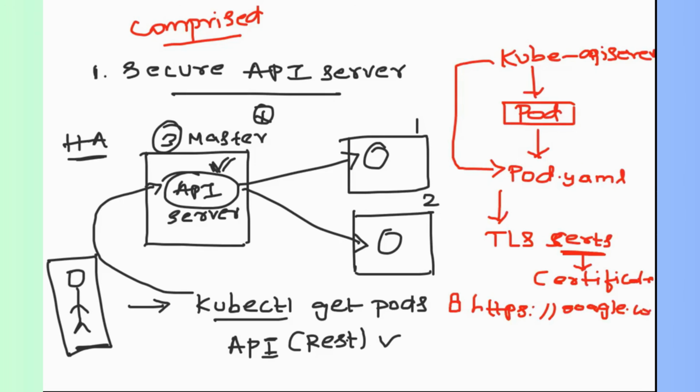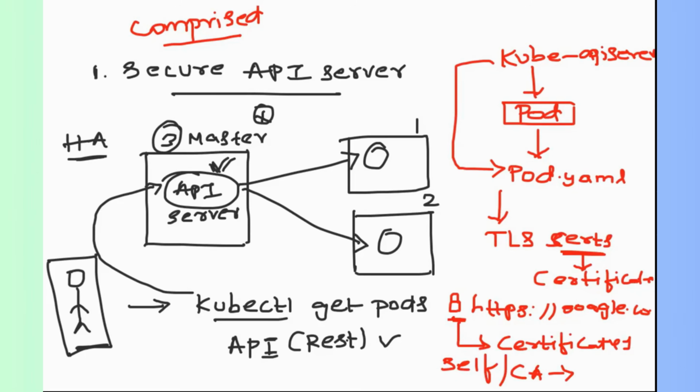For any website that you open using HTTPS, you will see a lock symbol. This lock symbol is nothing but the certificates. These certificates can be of two types: a self-signed certificate, or a certificate that you purchase from a certification authority, like GoDaddy or any other site.